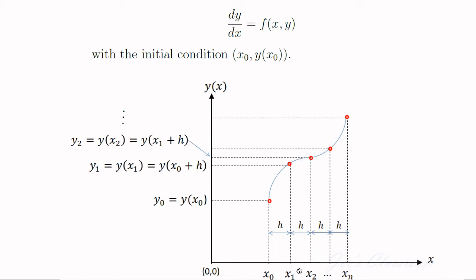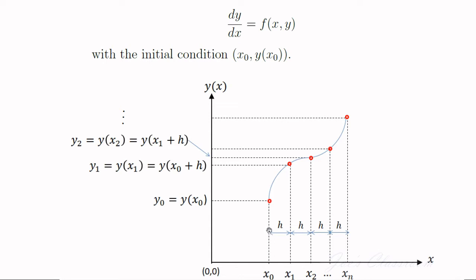Clearly, x1, x2, x3, and so on up to xn can be easily found if we have taken a fixed interval h, because if the fixed interval is h, then x1 is going to be x0 plus h, and similarly x2 is going to be x1 plus h, and x3 is going to be x2 plus h, and so on.